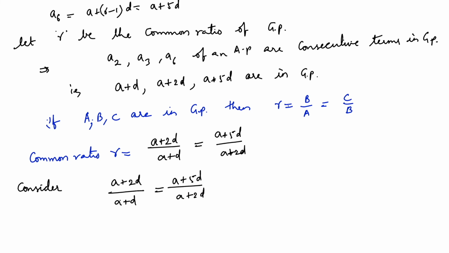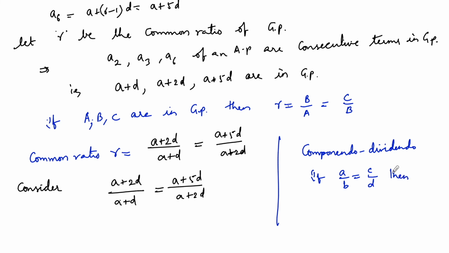And let us apply the componendo and dividendo property. The property says if a by b is equal to c by d, then a plus b upon a minus b is equal to c plus d upon c minus d. The ratios will be equal.